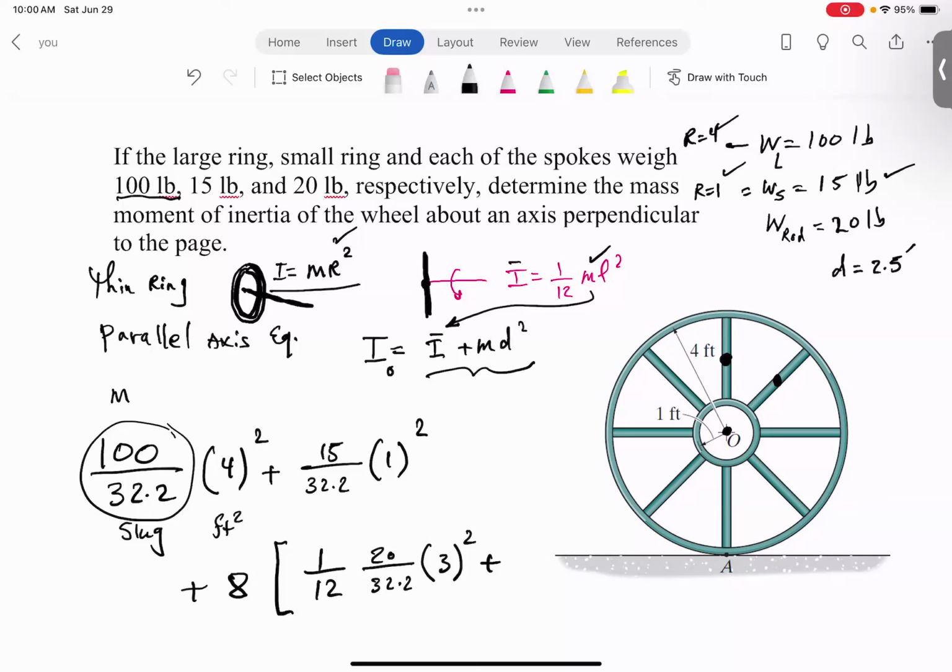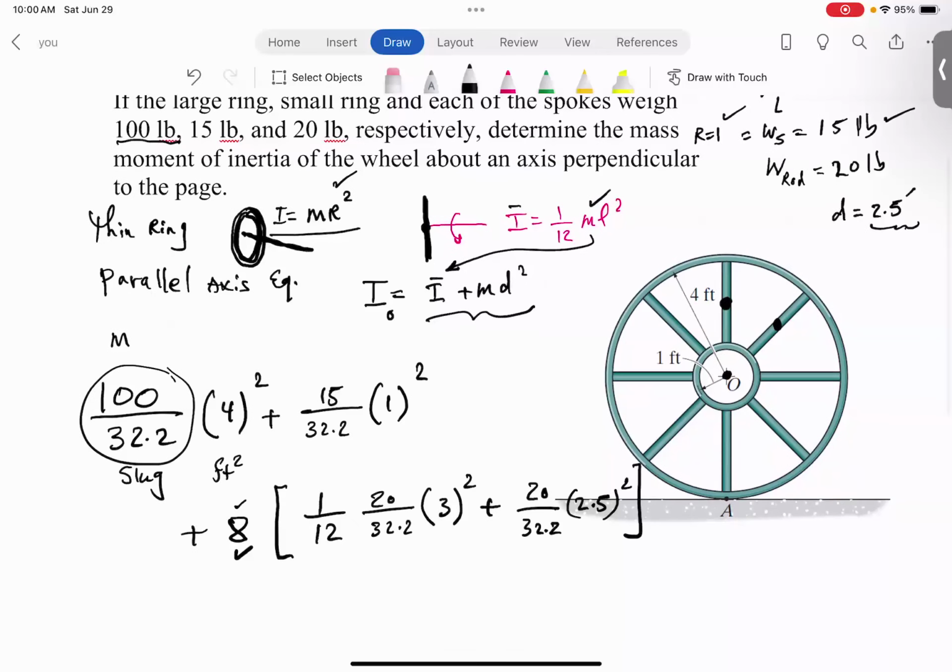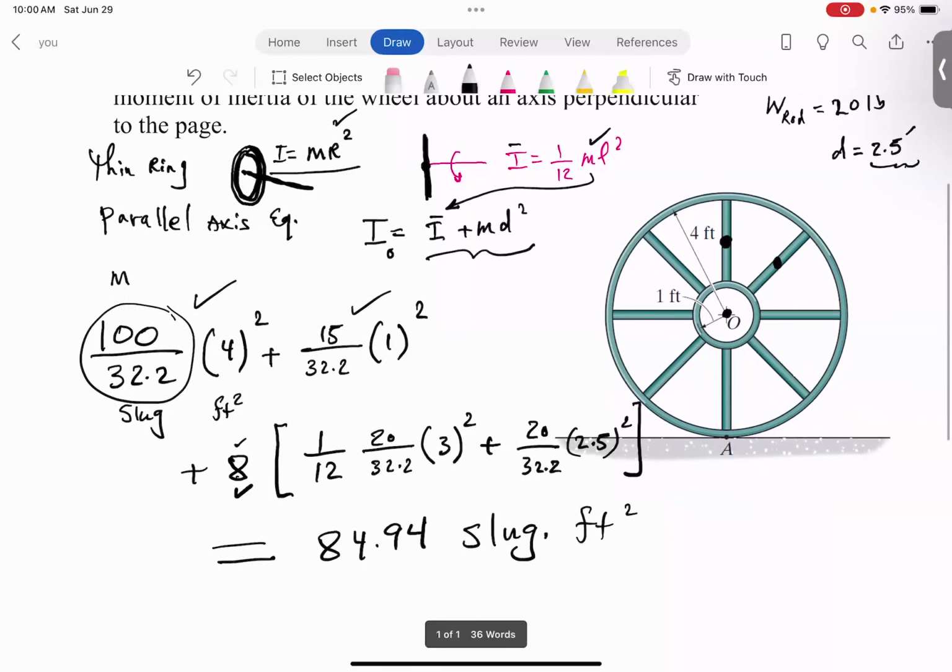Plus m, again the same mass, over 32.2 again, and you have to be careful with the units. And remember that distance we established, d, times d squared. You multiply that by 8, since we have 8 of them. So the large ring, small ring, and 8 spokes add up to 84.94 slug feet squared. That's the mass moment of inertia.